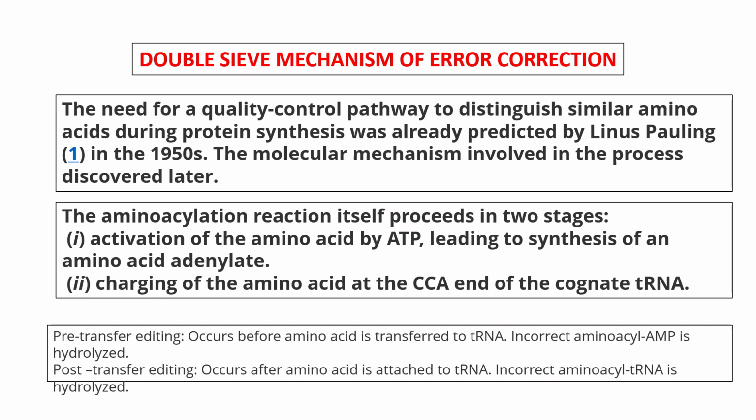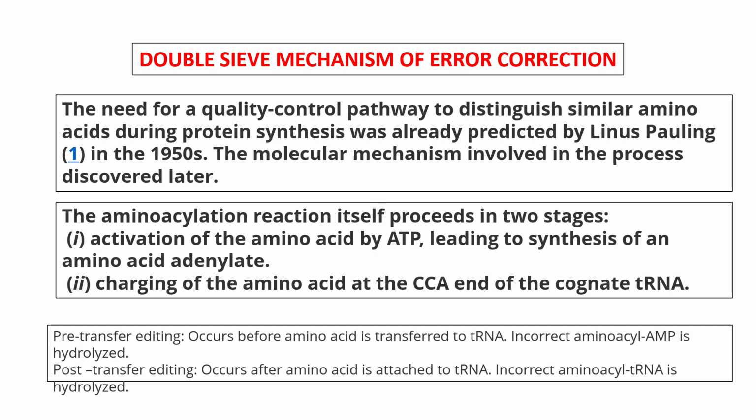The need for a quality control pathway to distinguish similar amino acids during protein synthesis was already predicted by Linus Pauling in the 1950s. The molecular mechanism involved in such a process was discovered much later. The charging reaction, that is, the aminoacylation reaction, itself proceeds in two stages.